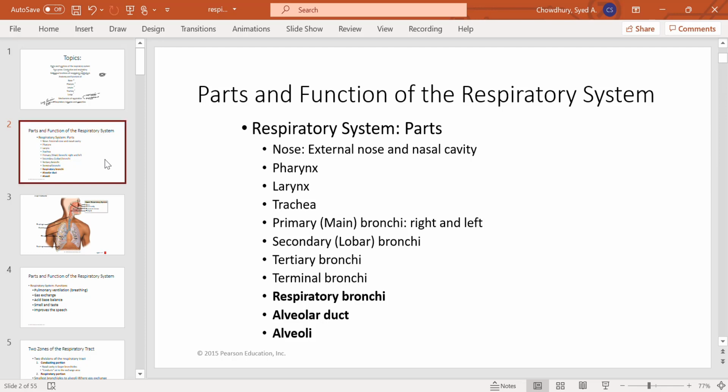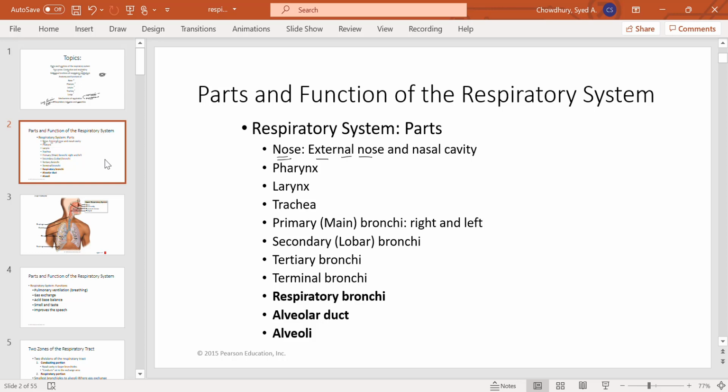You know that the uppermost part is the nose. So nose is the beginning, right? Now the part you can see from outside is the external nose. That's only a part of the whole or entire nose you can see from outside.